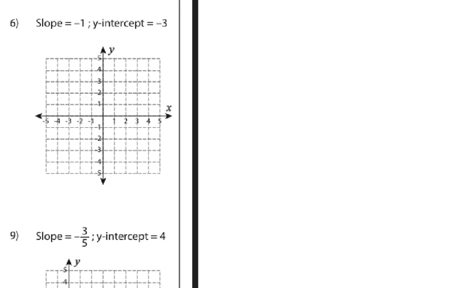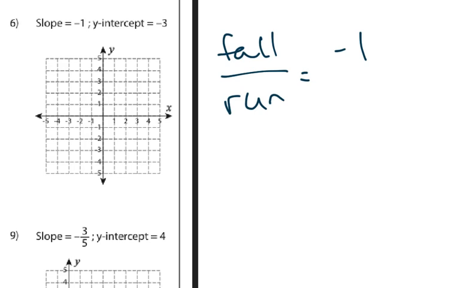Okay, on number 6, it says the slope is -1, which is a whole number, but it's a negative, so we're going to fall. And to make a whole number a fraction, you just put it over 1. So the slope is actually going to be -1 over 1.